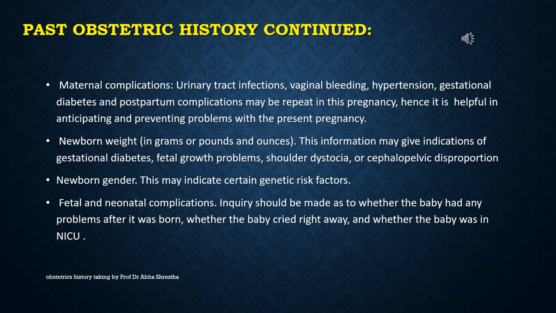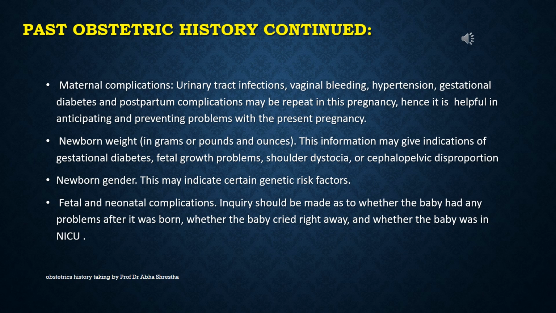We need to know the gender of the newborn because it indicates that there are certain genetic risk factors which might prevail if she had problems in the previous pregnancy. We should ask about the fetal and the neonatal complications. An inquiry should be made as to whether the baby had any problems after it was born.